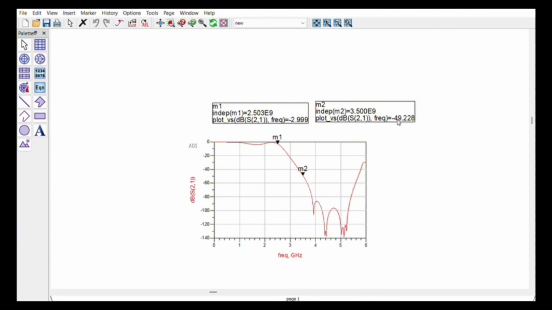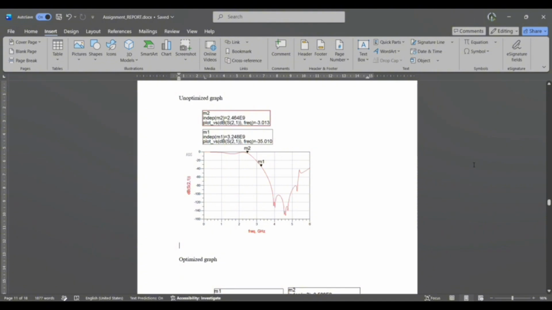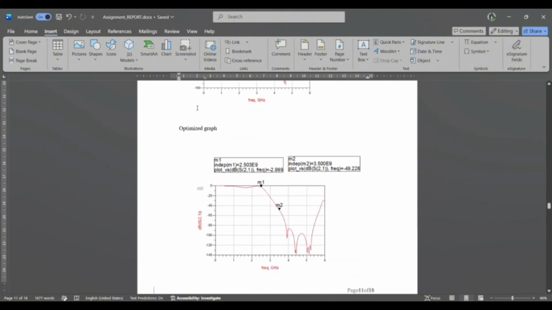Our question gave negative 35, but anything more than 35 is acceptable. For the low pass filter, there are two things to be included in the report: the unoptimized graph and the optimized graph.